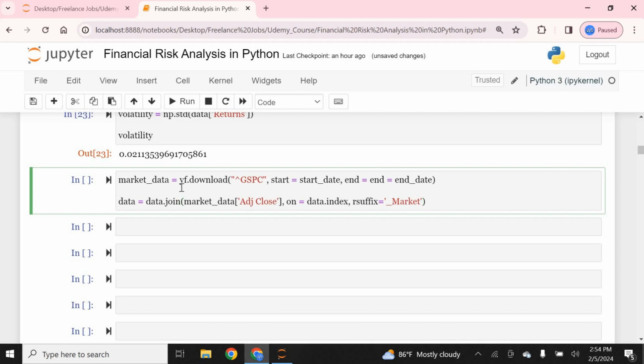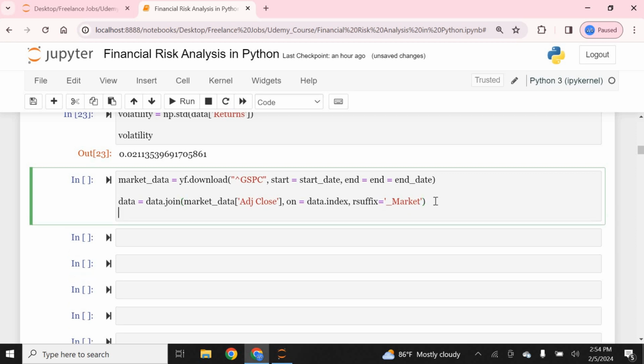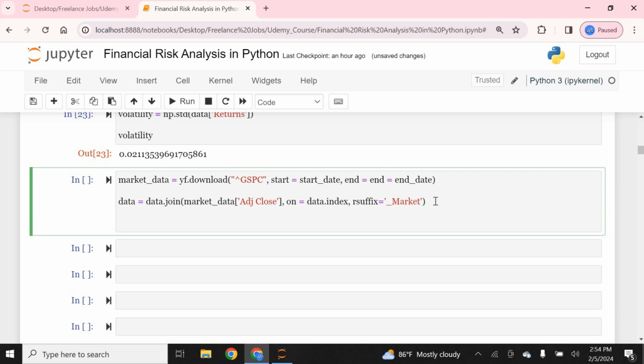So the next thing now is to calculate the returns for the market data.